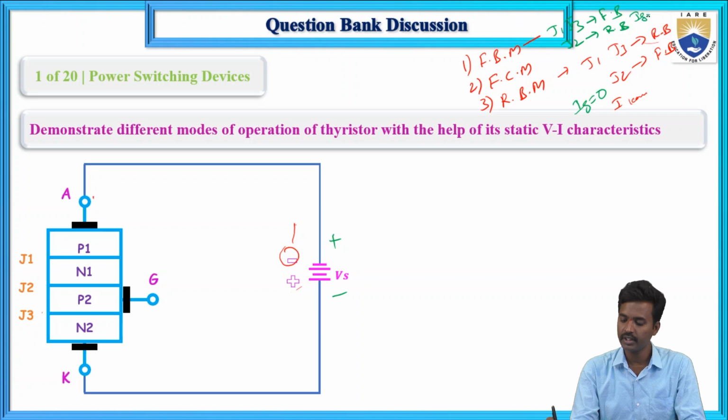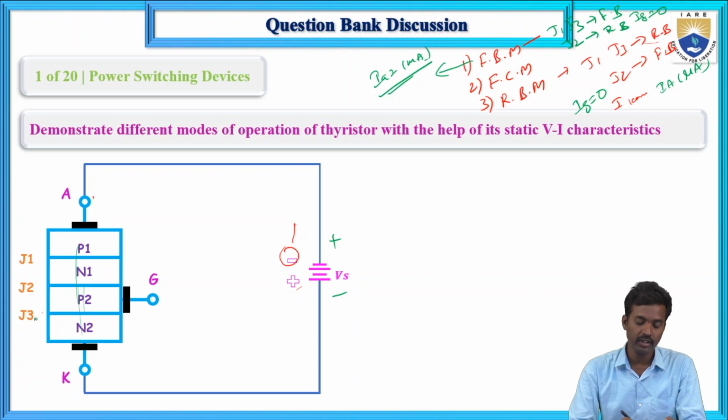There is only a small amount of current: anode current is in microamperes in reverse blocking mode, but in this case the anode current is in milliamperes.